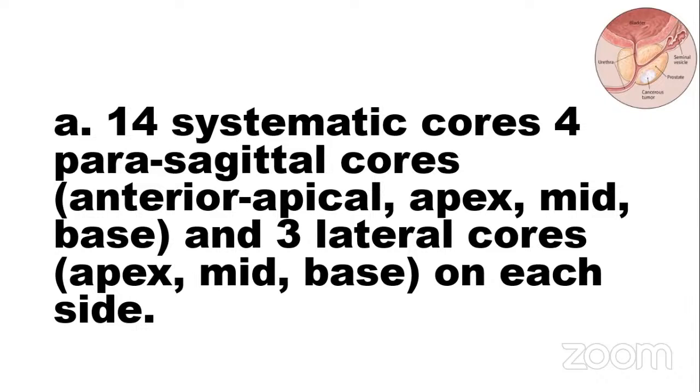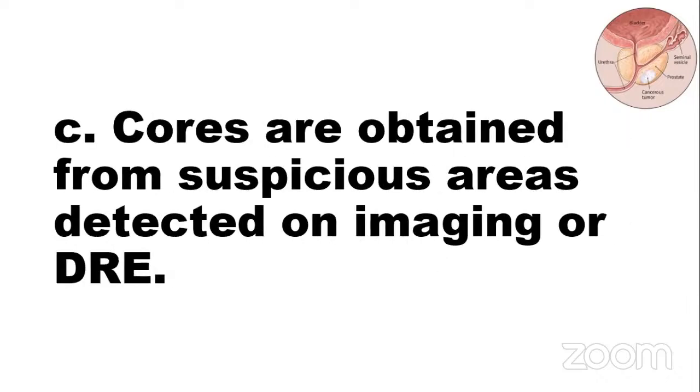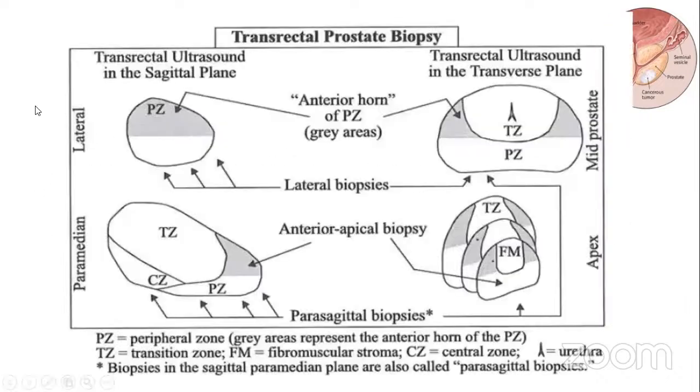This is the core biopsy, transrectal biopsy. In the transrectal ultrasound sagittal plane, as you see, we have the anterior horn of the peripheral zone, that's the gray color here. We'll use it to take this sample.